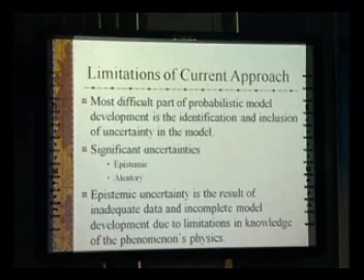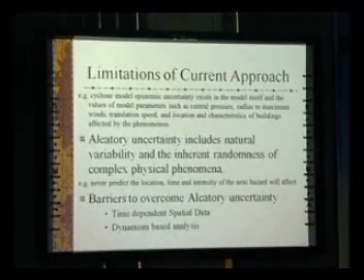Epistemic uncertainty, we can say, arises from inadequate or insufficient data or incompleteness of the model. We can overcome this epistemic uncertainty by using ample data or generating a complete model.